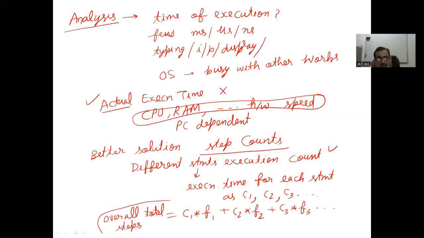And then this becomes a better indicator because it is independent of hardware and user behavior. I assume that for this. What does that mean?